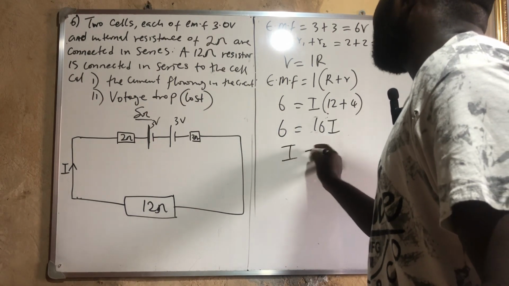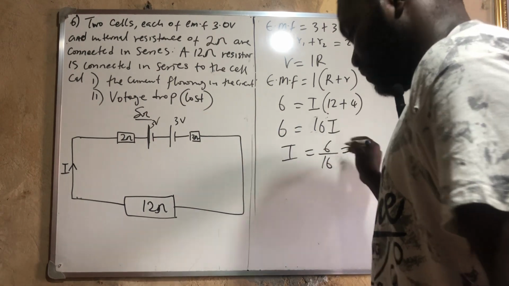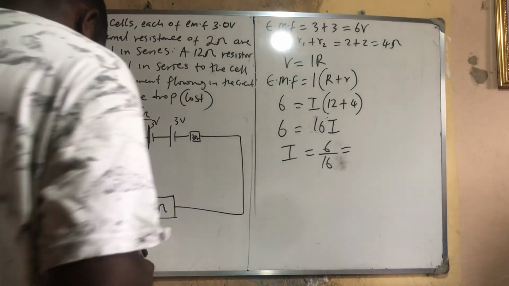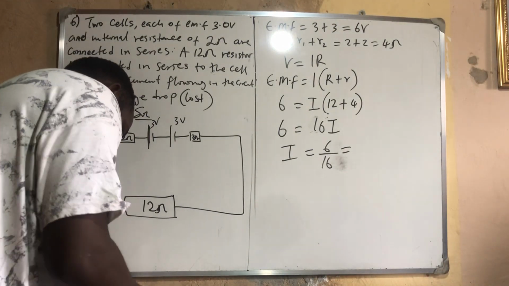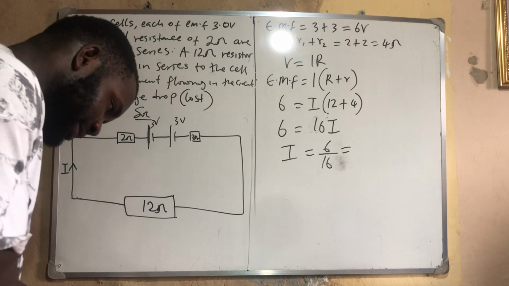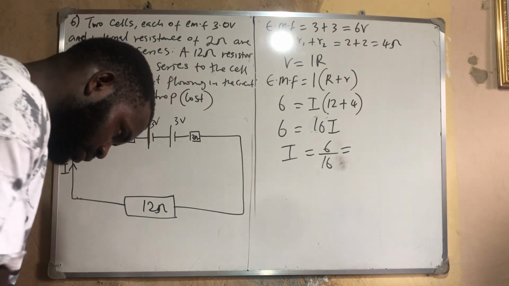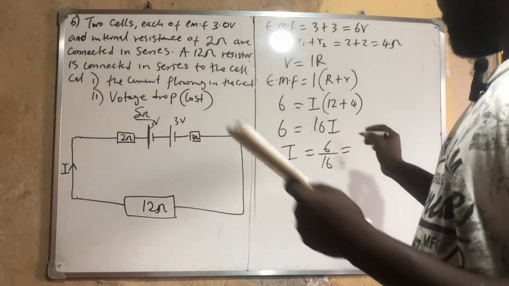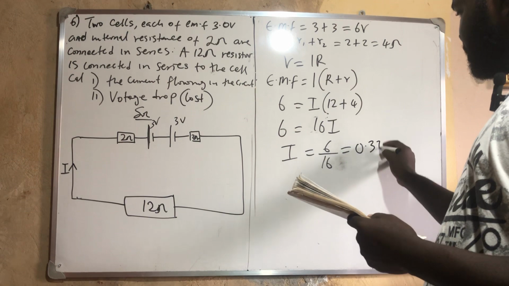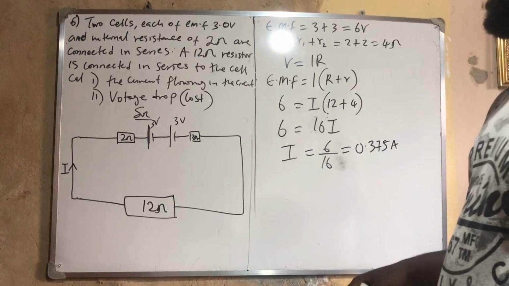So my I will be 6 divided by 16, which is 0.375 ampere.